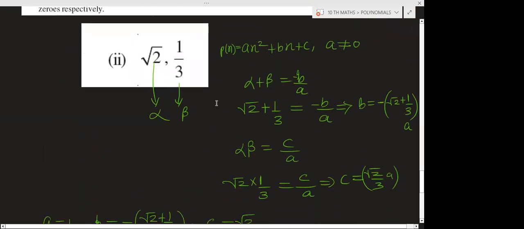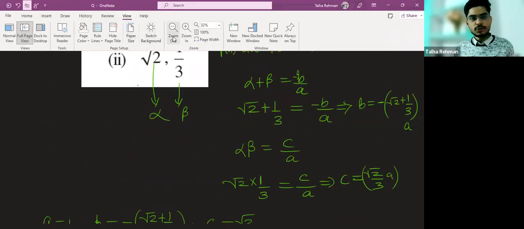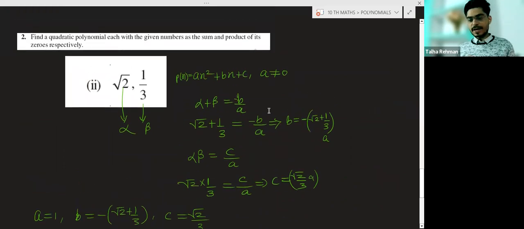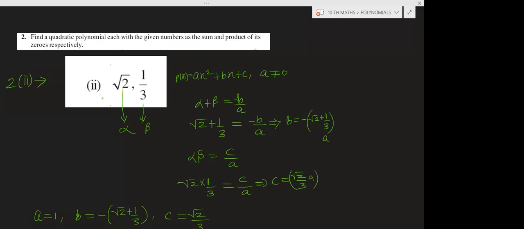Yes, sir. So write this, then we will start the pair of linear equations in two variables. No need to write, only exercise 2.2, question number second of second. Like this, second and second.